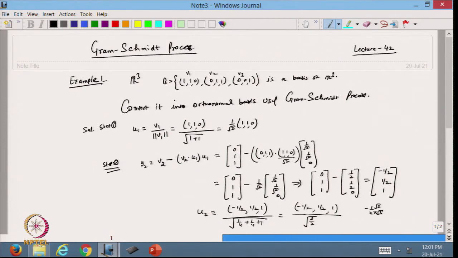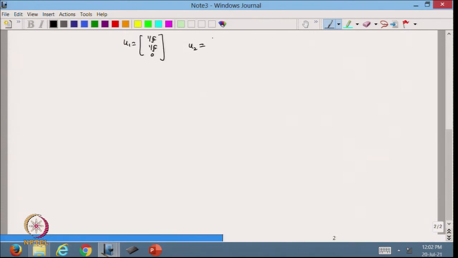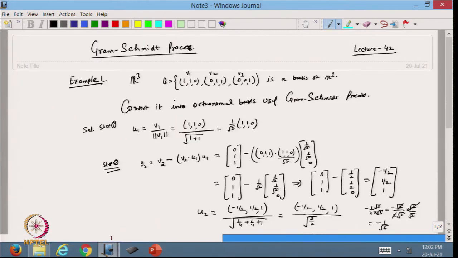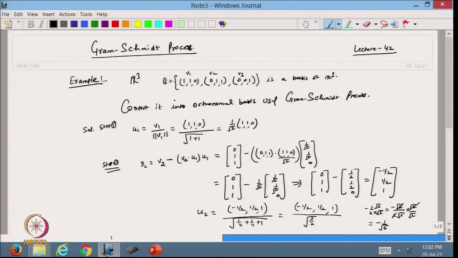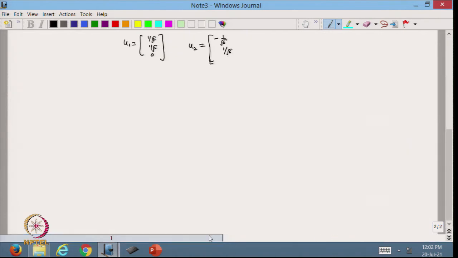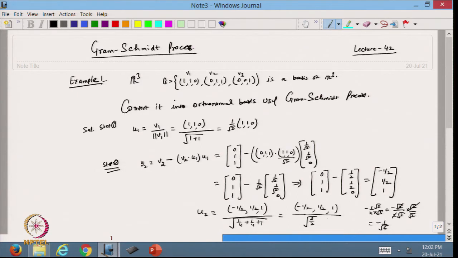Now, if I multiply by root 2 and root 2, this will cancel with this, and it will become minus 1 by root 6, then 1 by root 6, and in the end it is 2 by root 6, which is root 2 by 3.